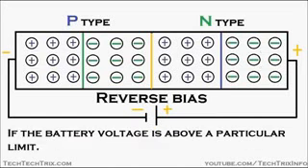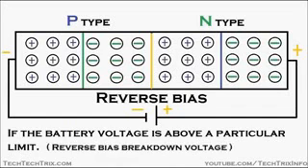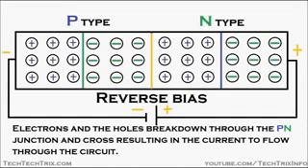But under a particular condition, if the battery voltage is above a particular limit, called the reverse bias breakdown voltage, the electrons and the holes break down through the PN junction and cross this junction, resulting in current flowing through the circuit.